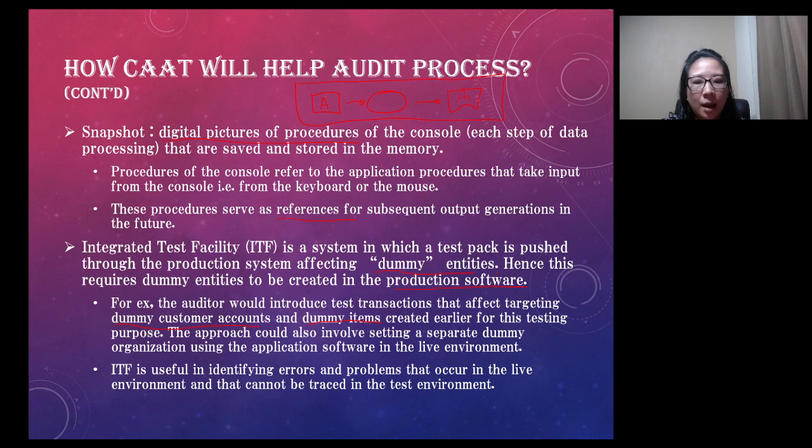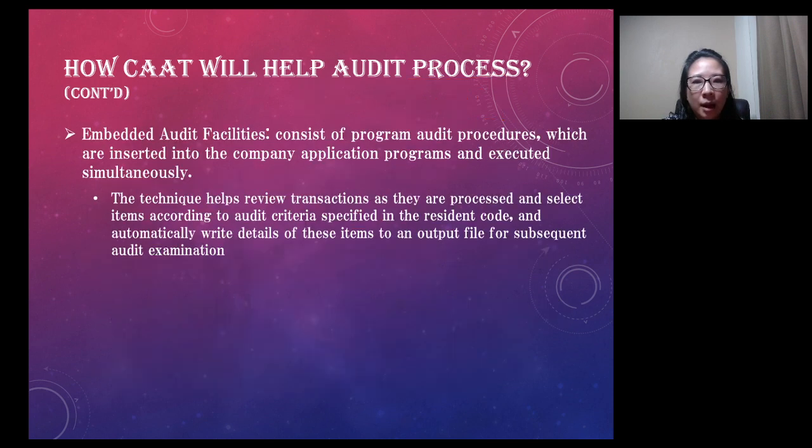Okay, and then next we will have the embedded audit facilities. It's similar to the ITF, but in the ITF we only create the dummy entities, and dummy entities means the dummy master data and dummy transaction.